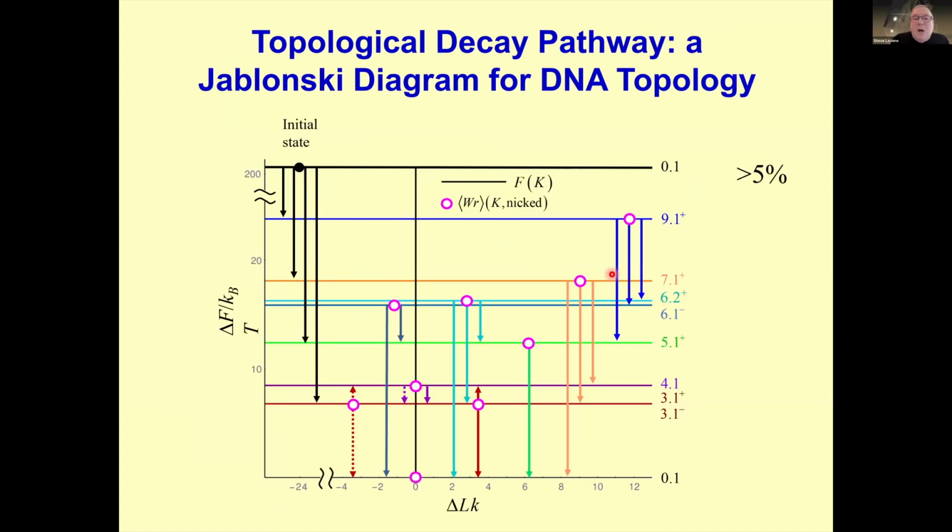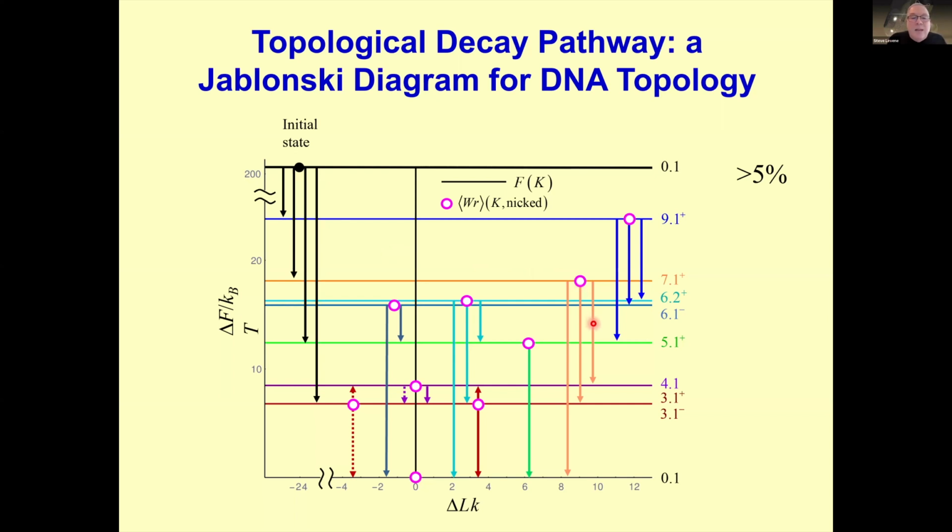If you have such a model, you can now look at what we call, for those of you who are familiar with, for example, fluorescence spectroscopy, a Jablonski diagram for knot type, which is basically a diagram that shows the various pathways that take you from, in this case, the initial state, supercoiled unknot, to various other knotted states along the pathway.